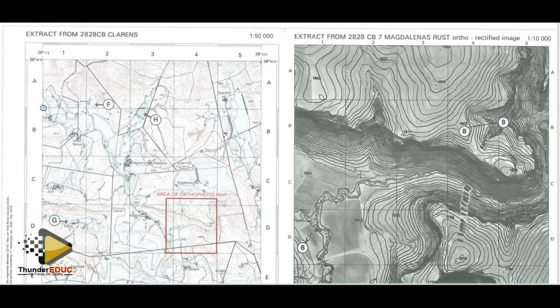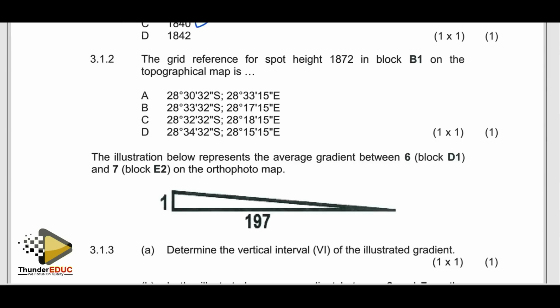This one is way below, before the midpoint of our block, which means 15 qualifies to be the correct second value for that spot height. So the correct response is option B: 28 degrees 33 minutes 32 seconds to the south for latitude, and 28 degrees 17 minutes 15 seconds to the east for longitude.